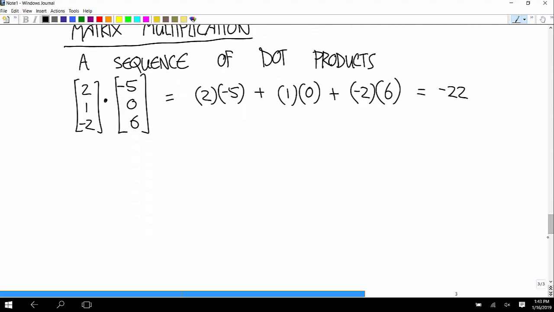Okay, well, if you're multiplying, let's say we're multiplying two 3x3 matrices. The first one is 1, 2, 3, 4, 5, 6, 7, 8, 9.